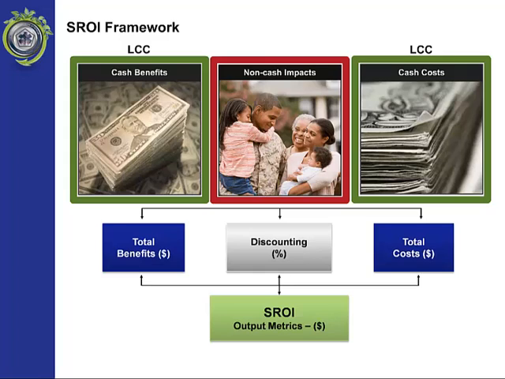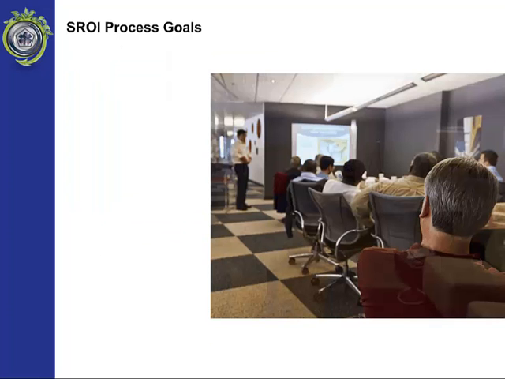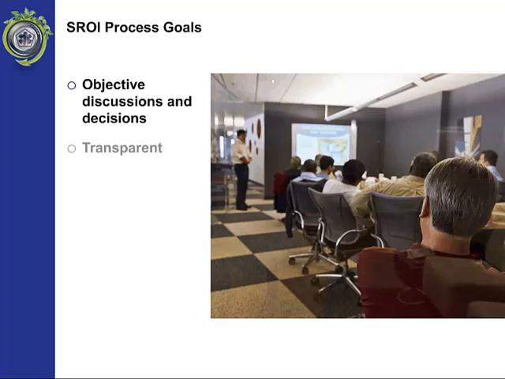This means that within the SROI framework, the entire scope of potential benefits and costs related to sustainable design are being considered. One of the biggest benefits of SROI is that it replaces emotional discussions with objective and structured discussions and decisions, which are quantifiable, transparent, and scalable.